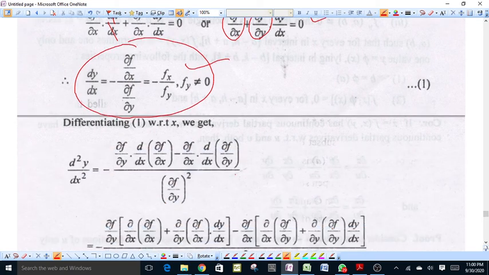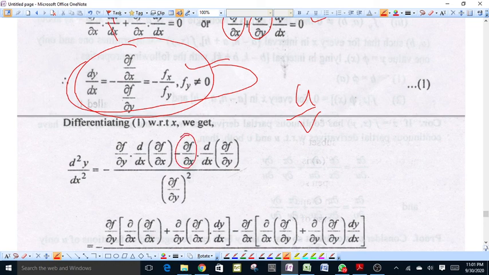Again, if we differentiate this equation with respect to x, then d²y/dx² will be equal to, by using the quotient rule, u upon v, the square of ∂f/∂y into ∂f/∂y as it is, and derivative of numerator ∂f/∂x, minus numerator as it is, derivative of denominator.